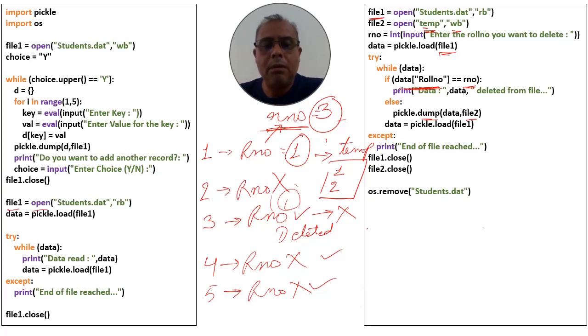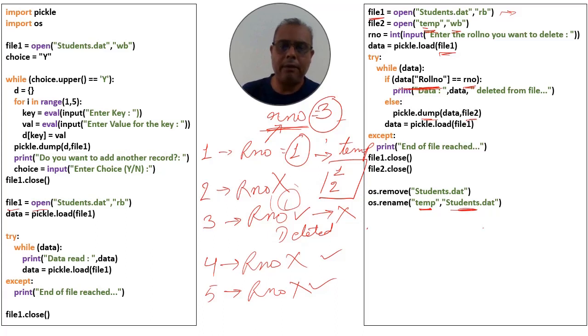We are going to remove the students.dat file. This is the original file. This remove function belongs to the os module that we have imported. So using the os.remove function, we will remove the file students.dat, and using the rename function of the os module, we are going to rename temp to students.dat. So the temporary file that we have created has now become the students.dat file. We have renamed that file.